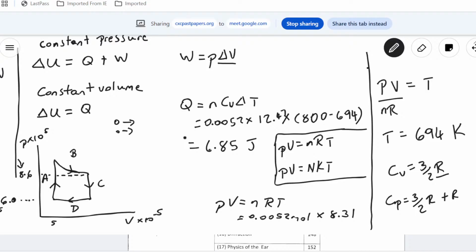Consider it from that aspect. We're putting energy into the gas. So internal energy will increase, temperature will increase.